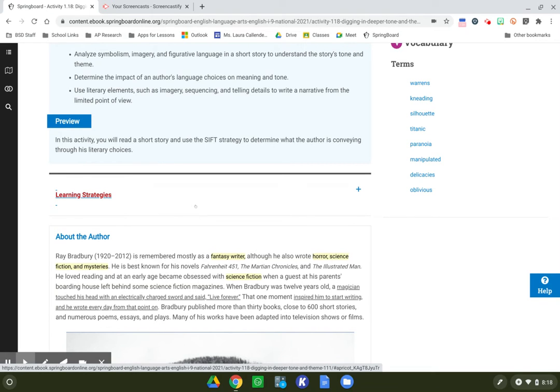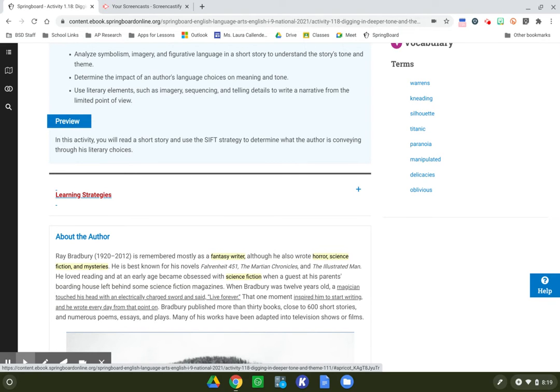Just as we've been doing in the past, we're going to practice this literary analysis where we identify the short story, the author, and perhaps the genre, identify the literary devices that the author is using in order to impact a reader, and then identify what that impact is on the reader or what that message is that the reader is intended to receive.